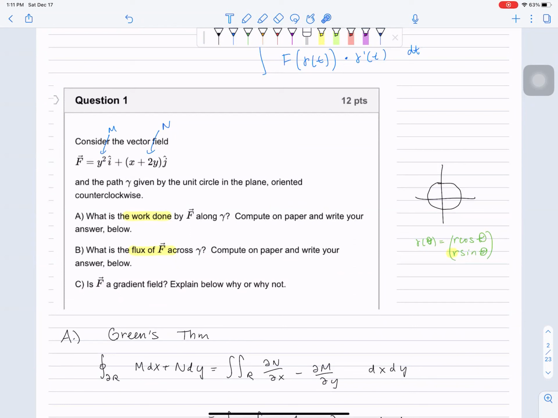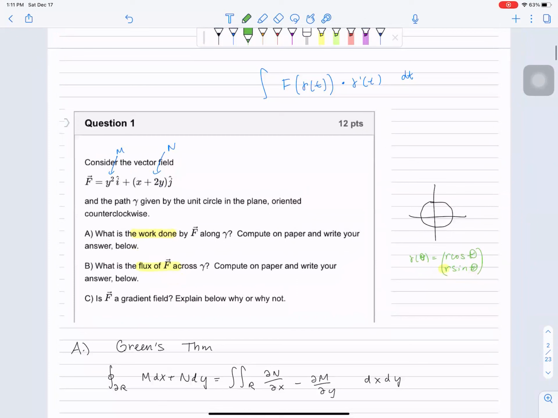Wait, Iris, if you're going to use the path integral, how do you find the work and the flux? Like, how would you set it up? So for path integral, you would find the parameterization, which is r cosine, r sine, and in this case our radius is 1. And so we would take the derivative, and get negative sine theta, cosine theta.